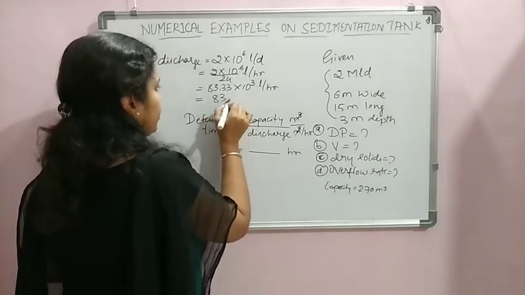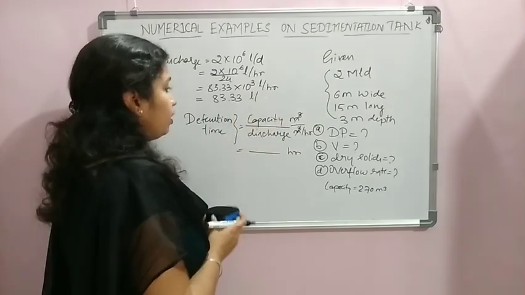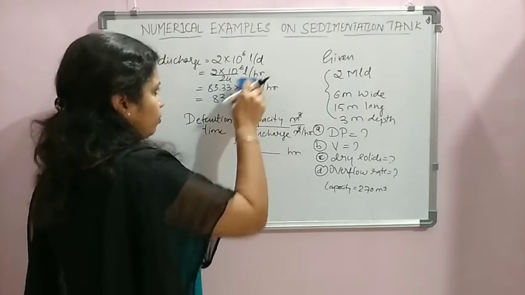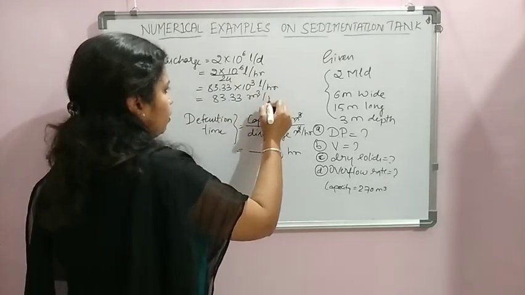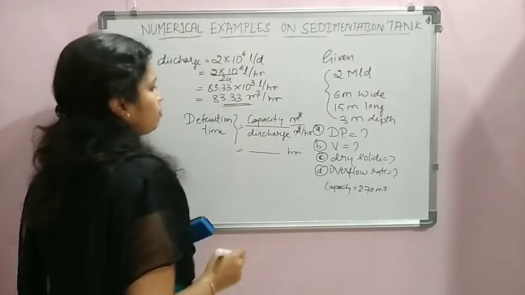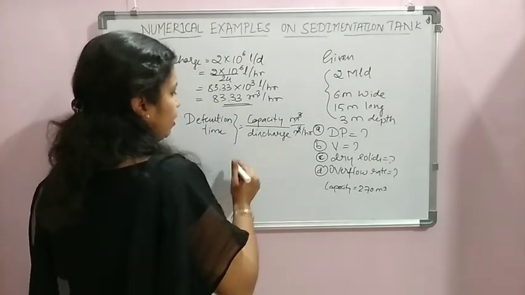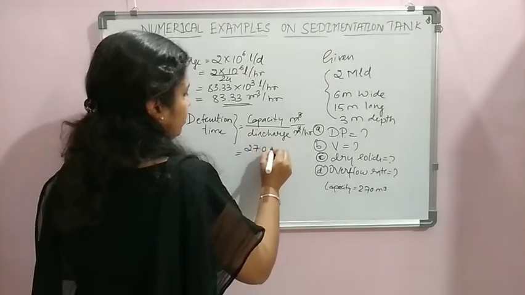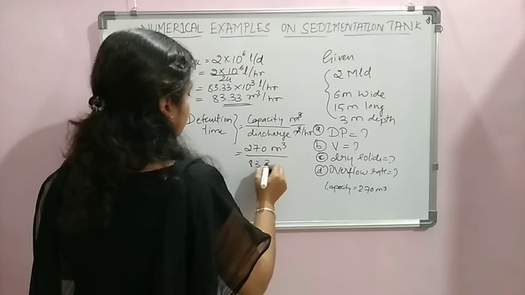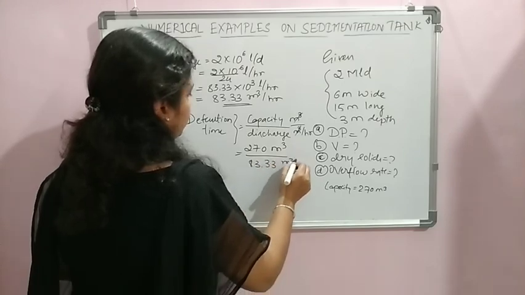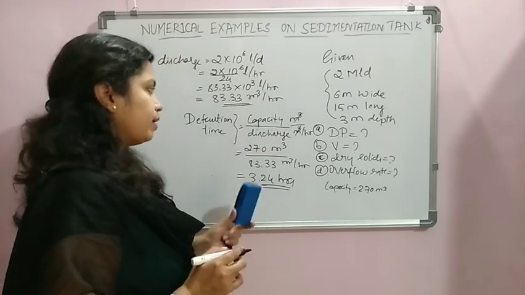So it becomes 83.33 metre cube per hour. We will be substituting the same value in this formula. Capacity 270 metre cube divided by the discharge 83.33 metre cube per hour is 3.24 hours. This is the required detention period for the tank.